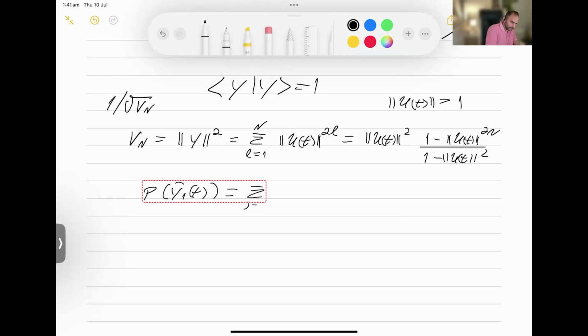is another calculation that's not difficult to do.